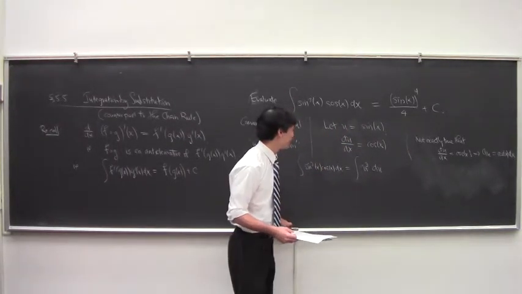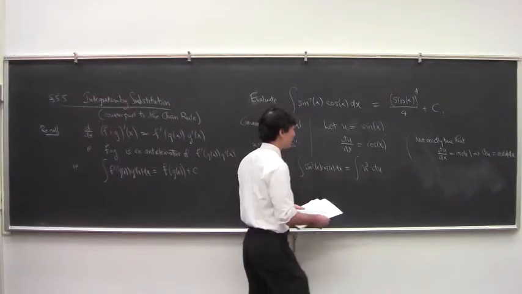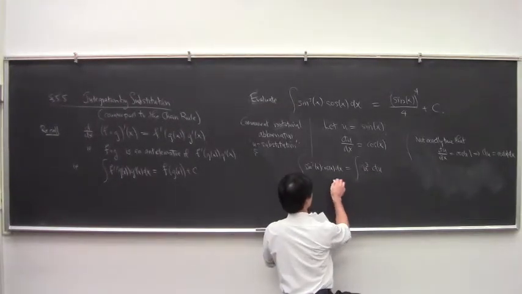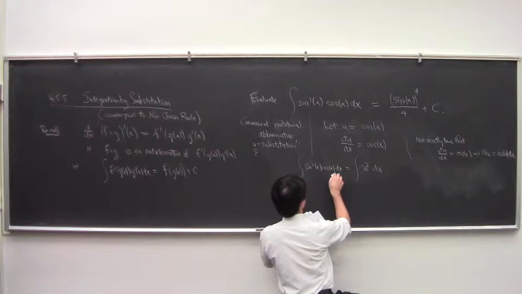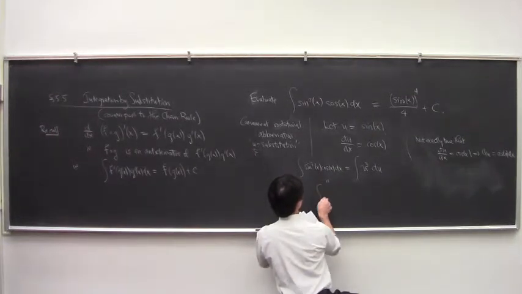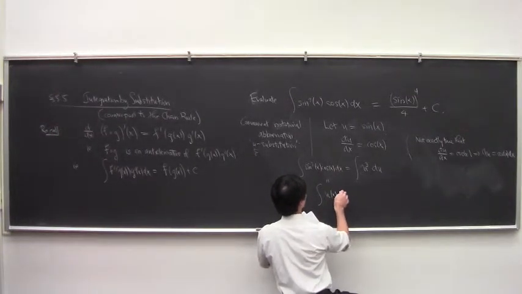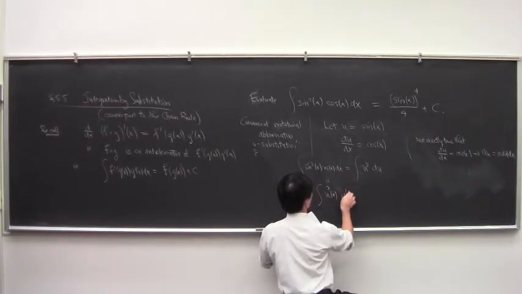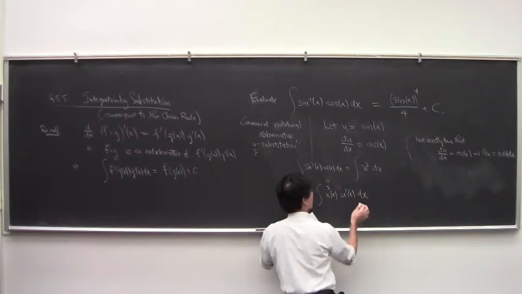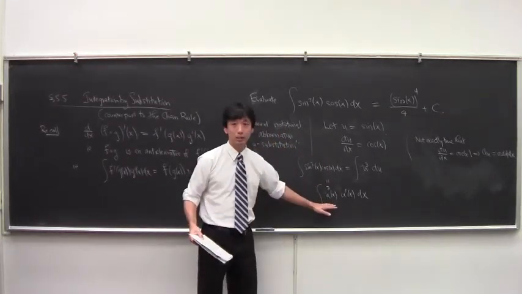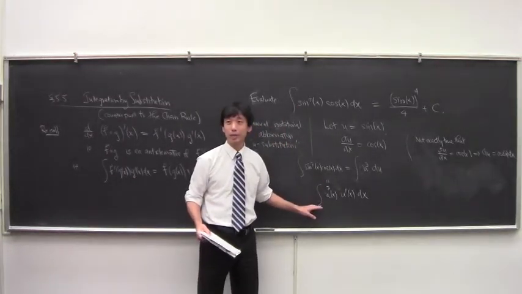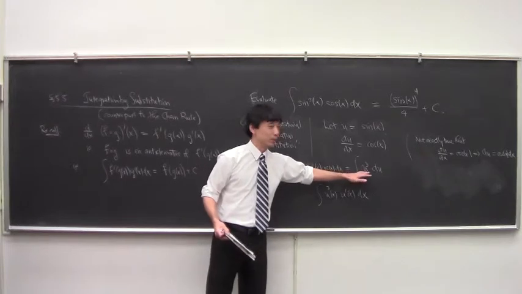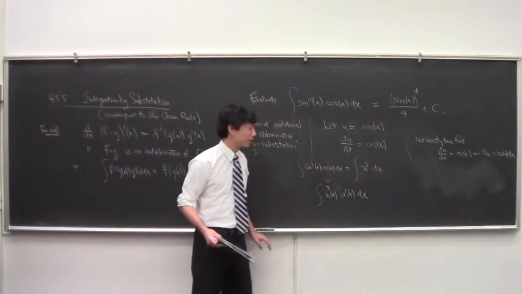Really, all you're doing is writing this as u of x cubed u prime x dx. So it's the same thing that we were doing before, but one uses this abbreviation to make it simpler.